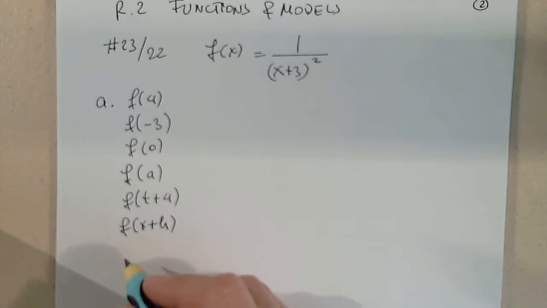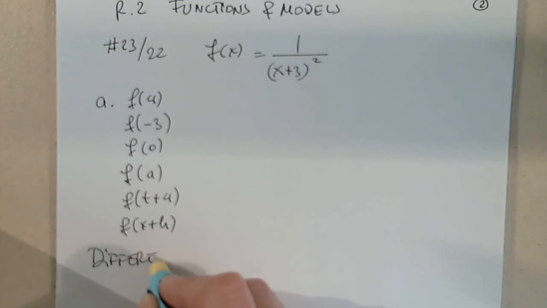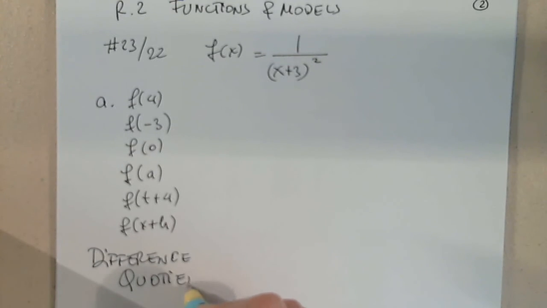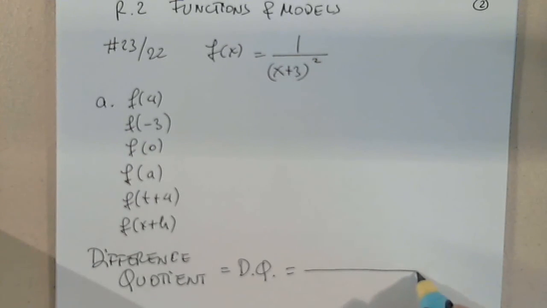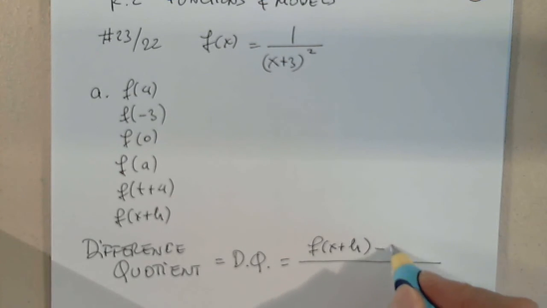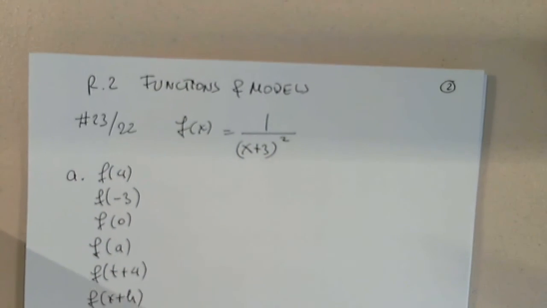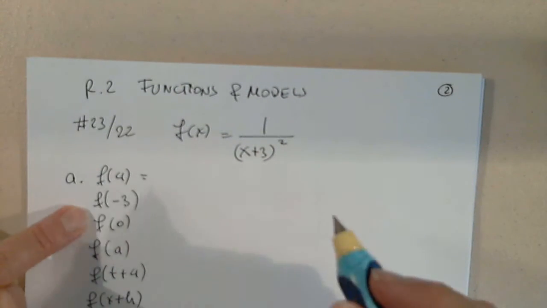After all this, we're asked to simplify what is called the difference quotient, which I will abbreviate as dq, and that is f of x plus h minus f of x divided by h.